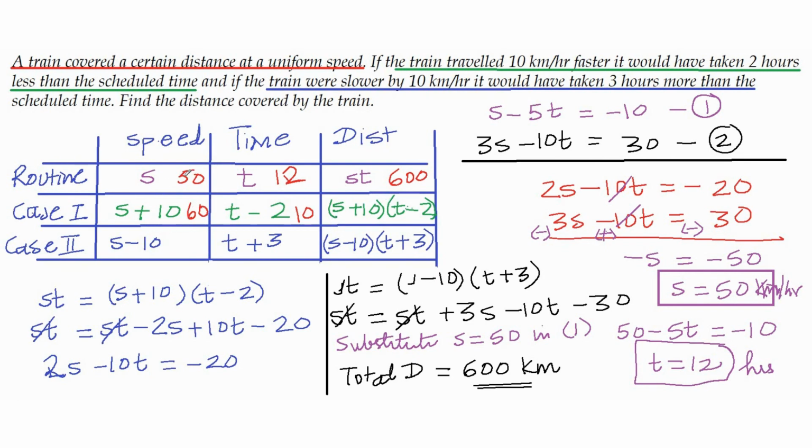So this matches. Whereas if I slowed down by 10 kilometers per hour, that is the speed became 40, then the time would be 12 plus 3, which is 15 hours. The total distance again covered would be 40 multiplied by 15, which is again 600 kilometers. So you will see that all these three conditions exactly satisfy the given conditions, and therefore our equations are right and our solution is also correct.